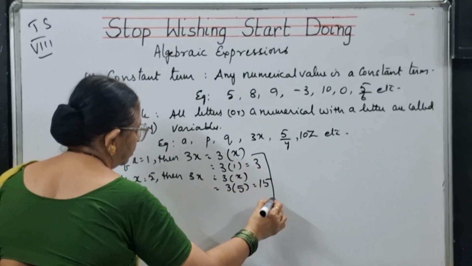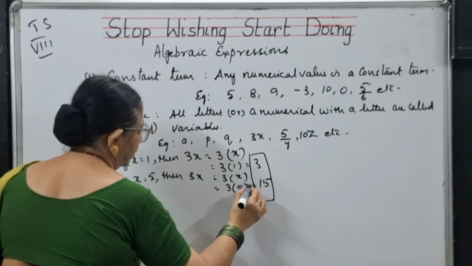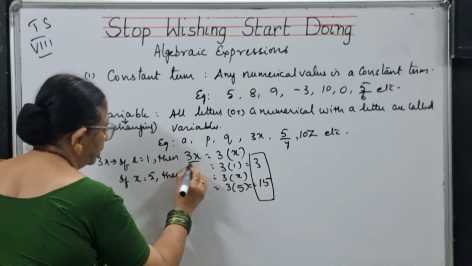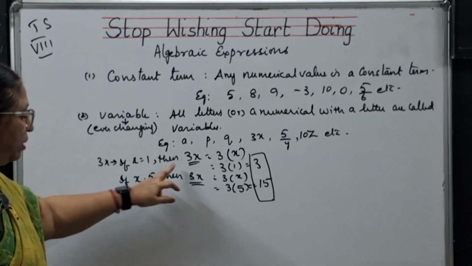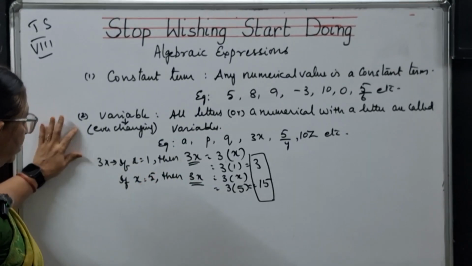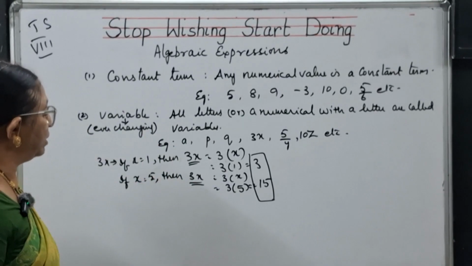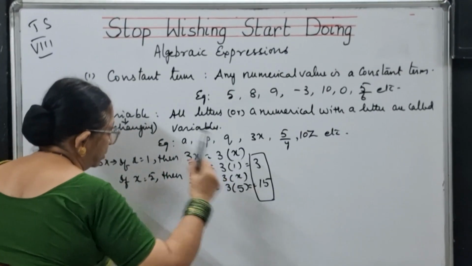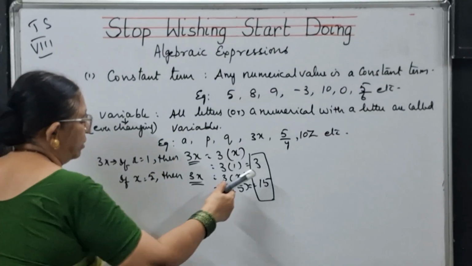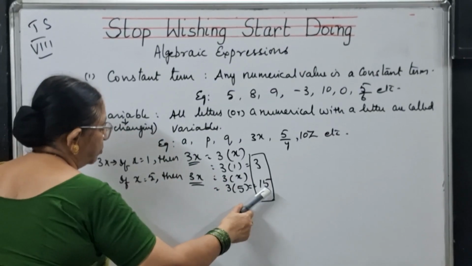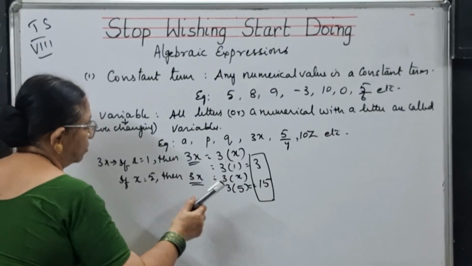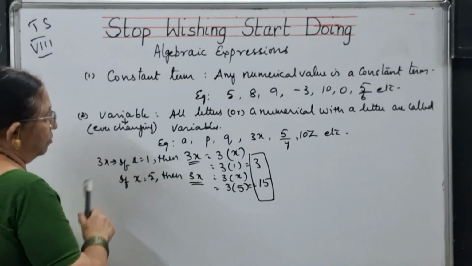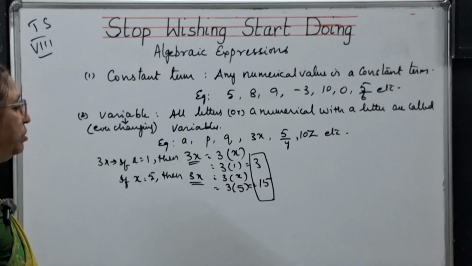See these values. These are not the same. They are different. We have taken only one term. This is a variable. Why do we call it a variable? I told you, it is an ever changing one. It is changing its value. See, 3x value has become 3 when we take x value as 1, and 15 when you take x value as 5. So this is how you will be getting various changes in the variables, children.